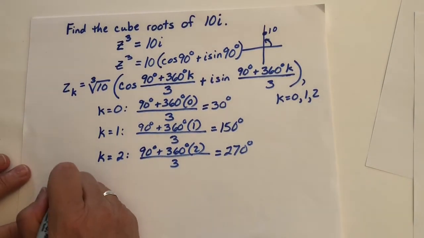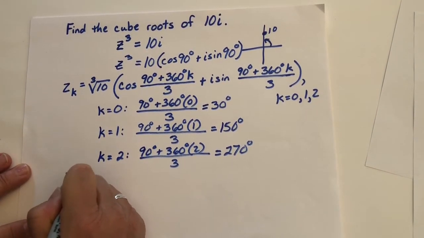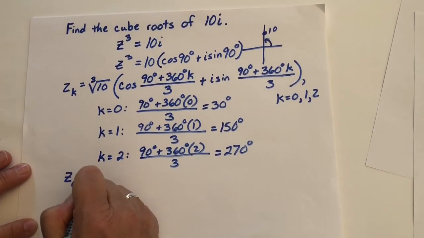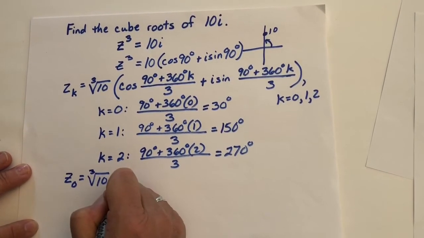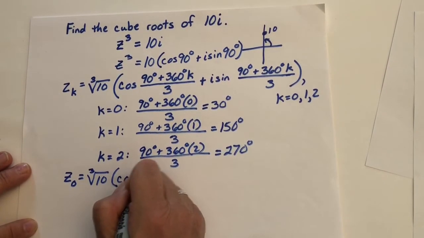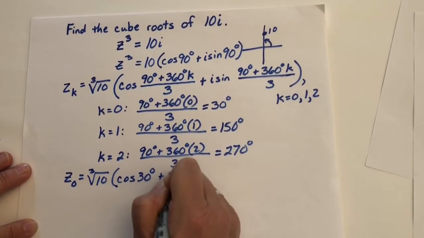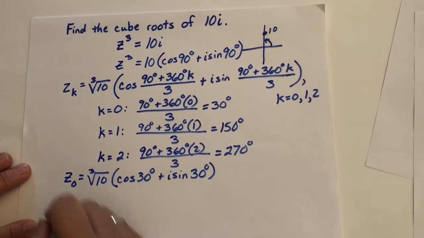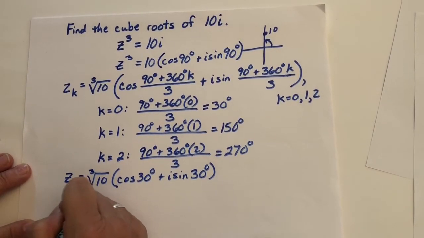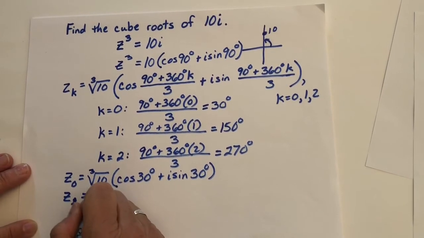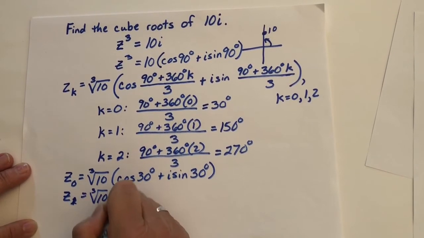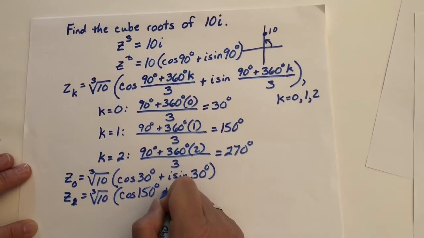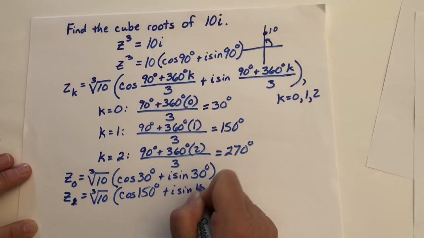So now our roots can be written in trig form this way. They are the cube root of 10 times cosine of 30 degrees plus i sine 30 degrees. The second root is the cube root of 10 times the cosine of 150 degrees plus i sine 150 degrees.